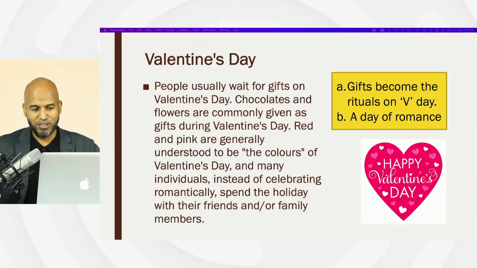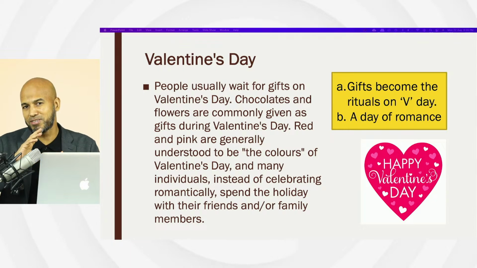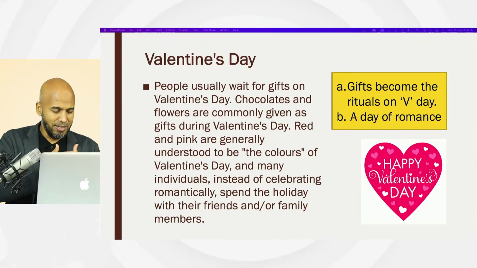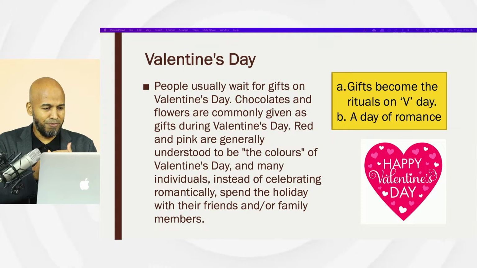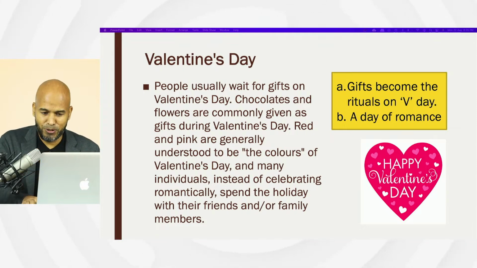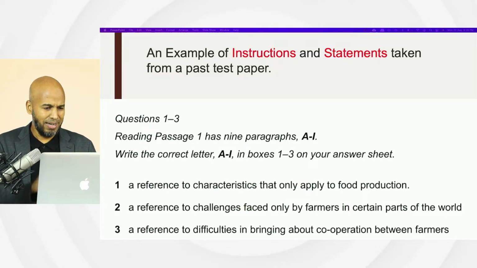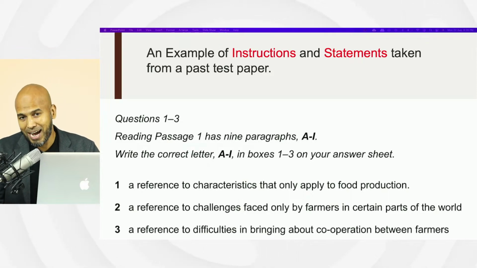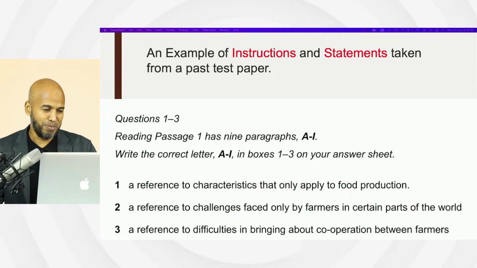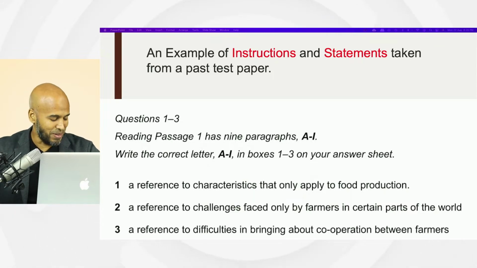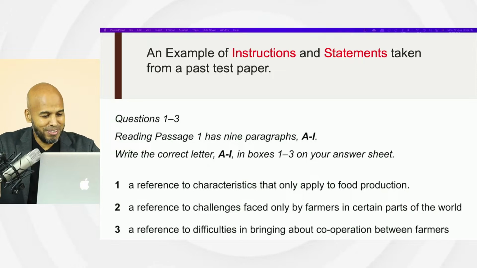Okay, so now you have an idea about matching information. You need to match the statement with the information in the paragraph. So let's see the instruction and the statement and how it looks. This is the real matching information of IELTS reading.